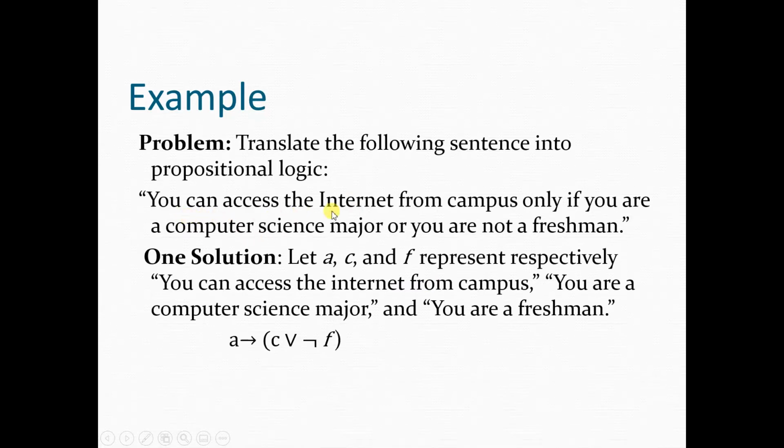You can access the internet from campus: this is one of the propositions, so let's assign the variable A. Only if you are a computer science major: this is another statement, you are a computer science major, so let's assign the variable C to this statement.